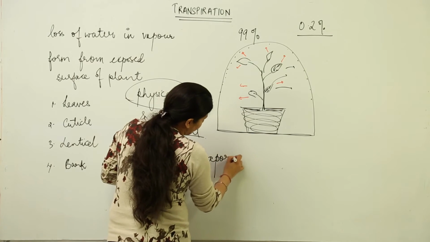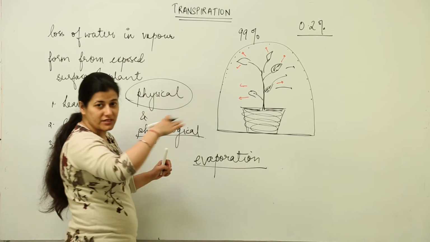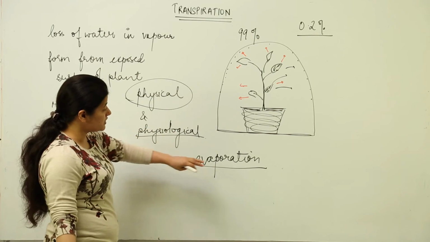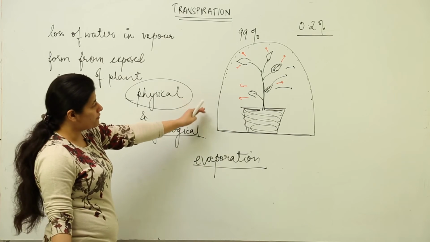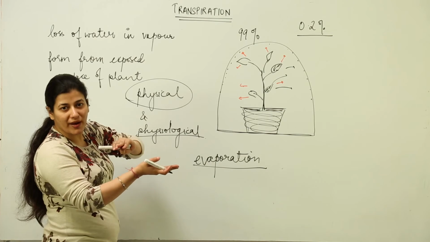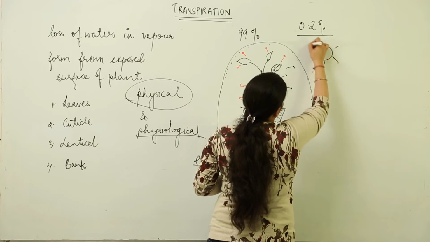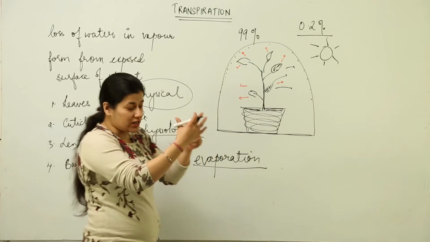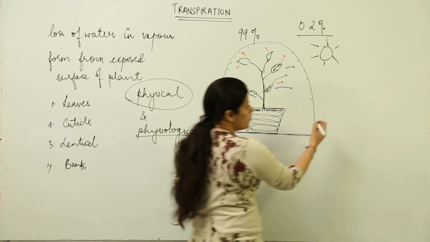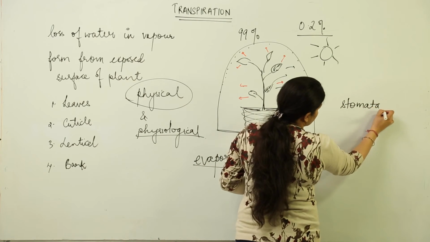As in the case of evaporation, there is evaporative cooling that is taking place, and the water vapors are being released into the atmosphere from the exposed surfaces. In the same manner, the water vapors which are being formed inside the leaves due to the heat provided by the radiant sunlight, the sun's energy, get released into the atmosphere through the small pores present inside the leaf known as stomata.